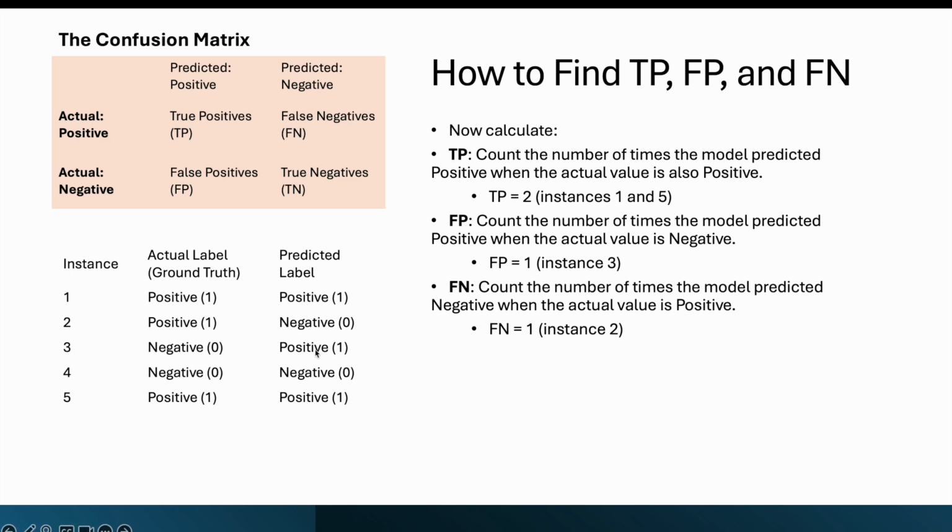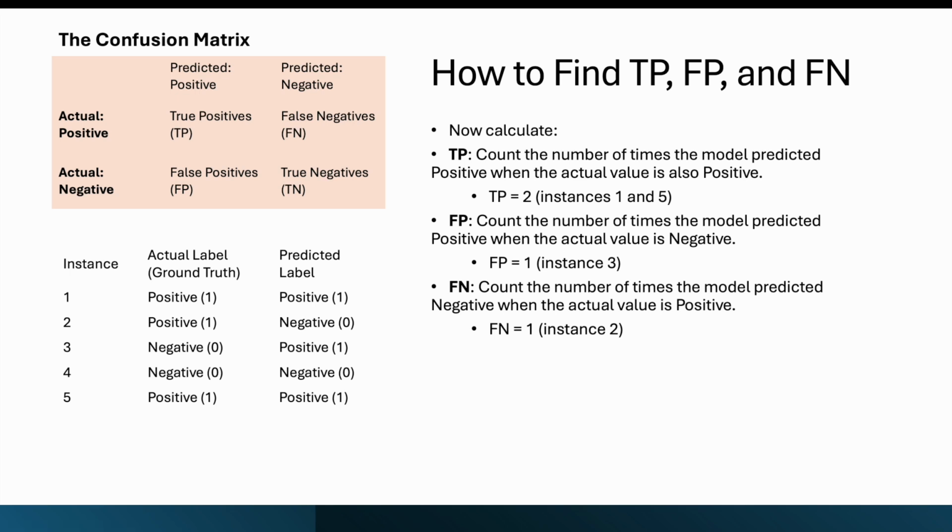So that is 0 1, and I have one false positive. And one false negative: I told this is spam, and the model says this is not spam, so instance 2 is a false negative. This is how you understand it.